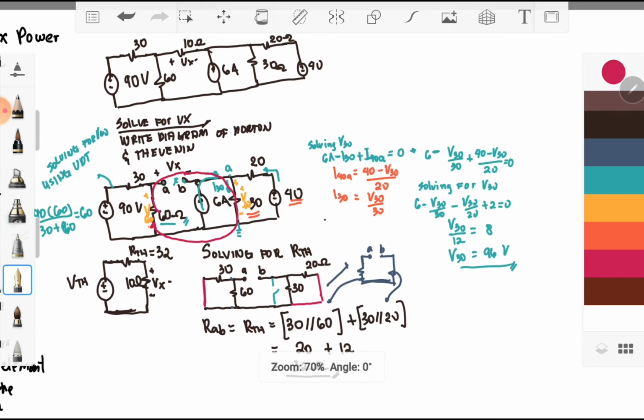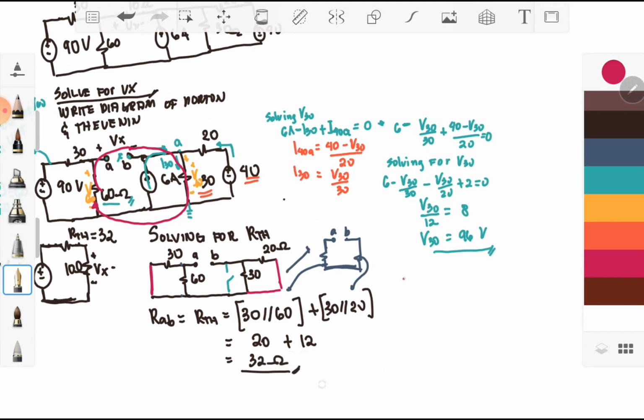So KVL at the red loop, we'll have a negative V60 because we entered the negative part of your V60, plus our VAB or your VTH, plus our V30 equals 0. The question is, is that already our Vx?